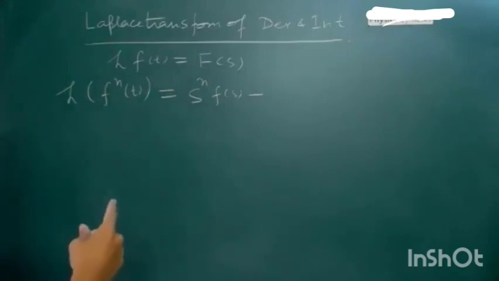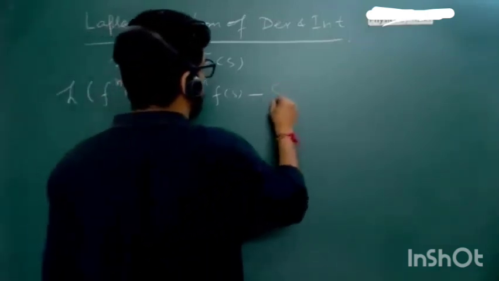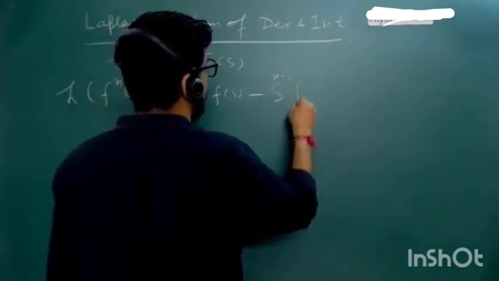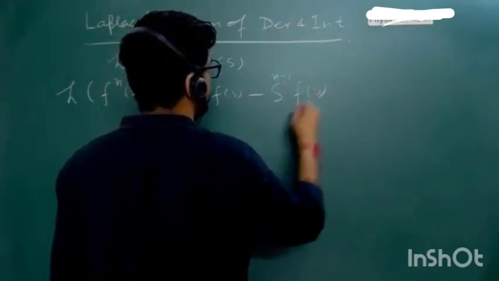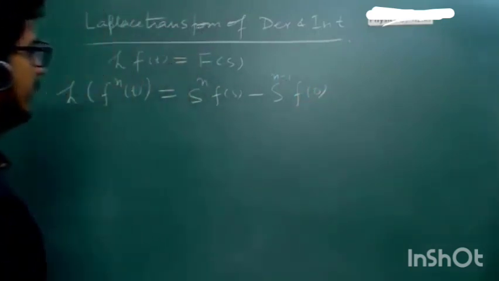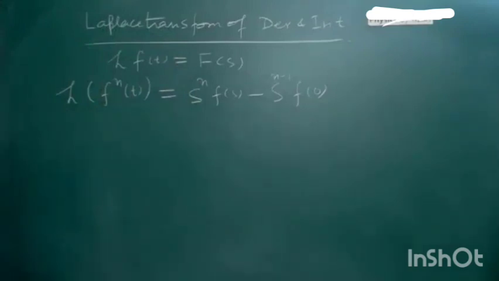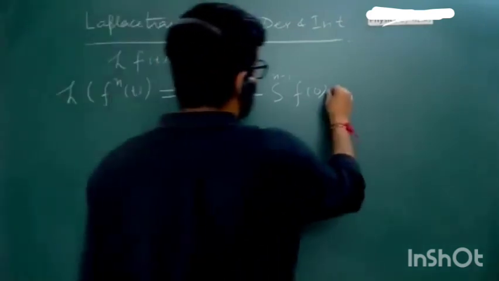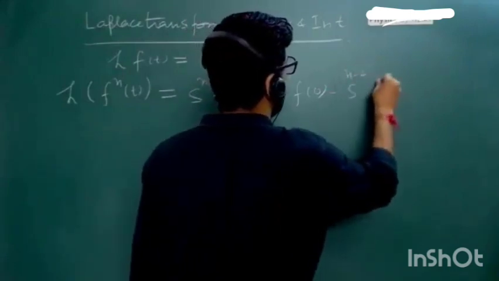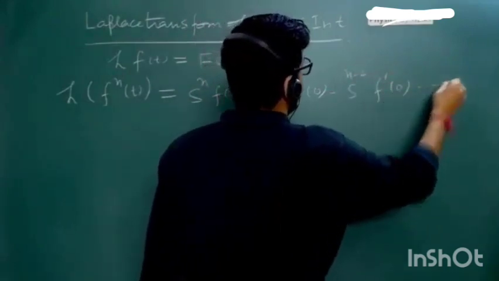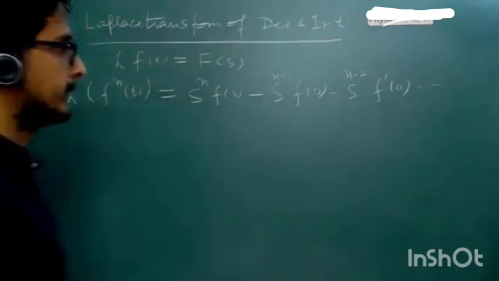This s to the power n, the power will continuously decrease, so minus s to the power n minus 1 f(0), minus s to the power n minus 2 f dash 0, like that. So n minus 1, n minus 2, it will go on.